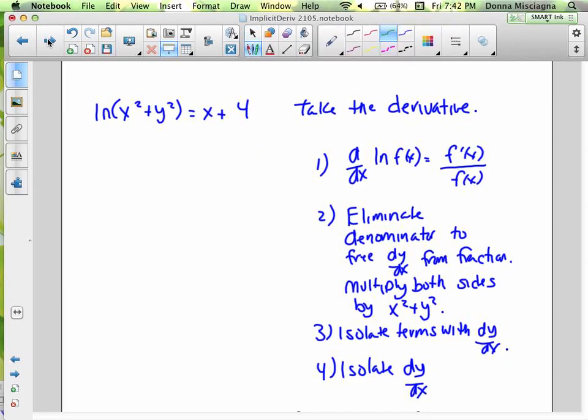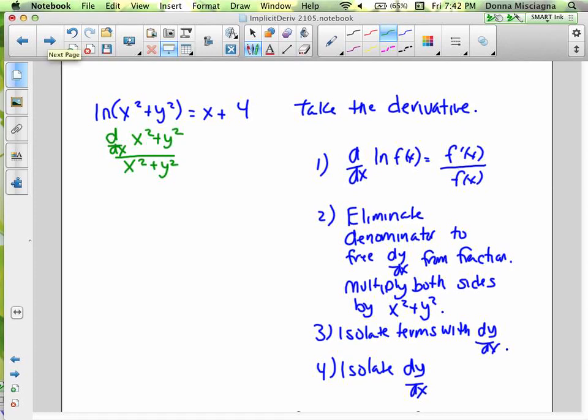So natural log of x squared plus y squared, right? We're going to have to take the derivative of x squared plus y squared, and that's just going to be over x squared plus y squared. That's the derivative for natural log.